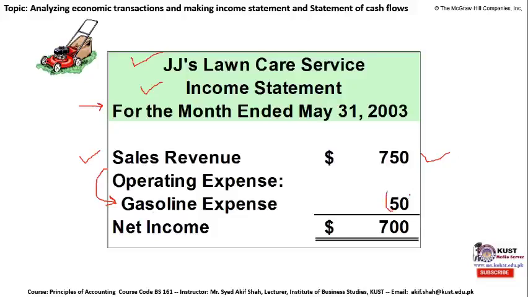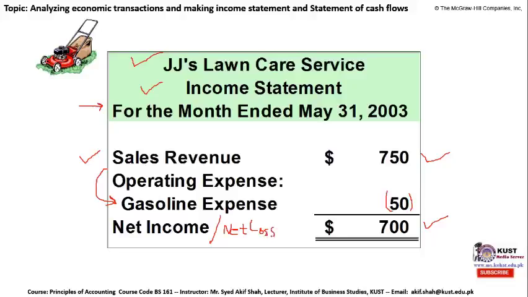So let's put a parenthesis around them. We know that we have to subtract all the expenses from the revenue of the company in order to come up with net income or net loss. So either the company will be in profit or in loss. If the expenses exceed the revenue, then the company will incur a loss.